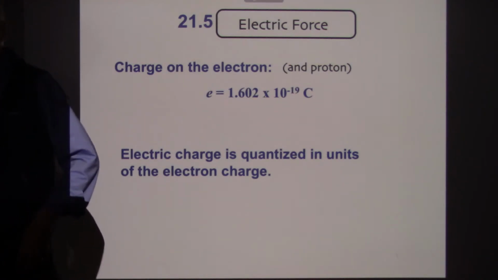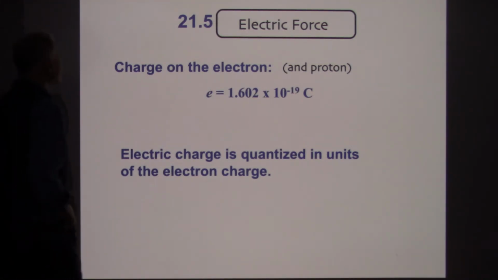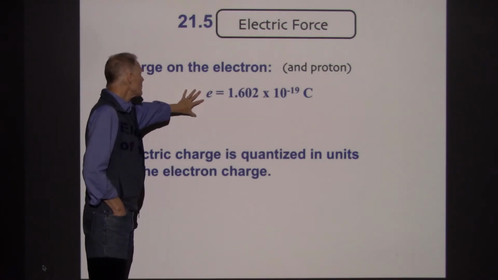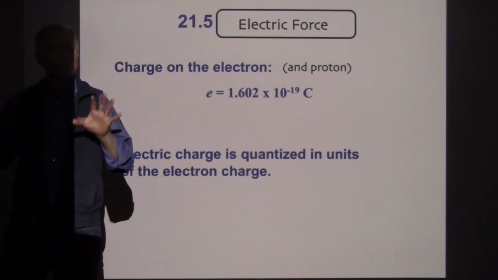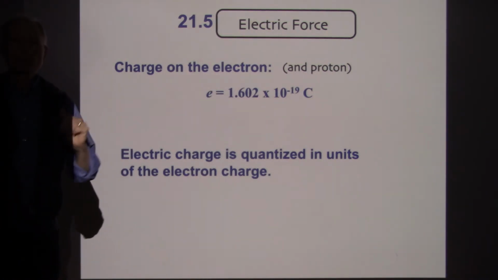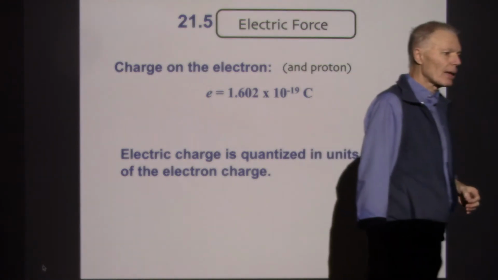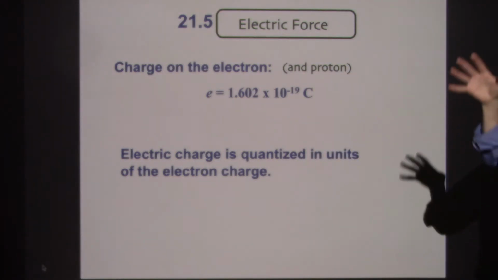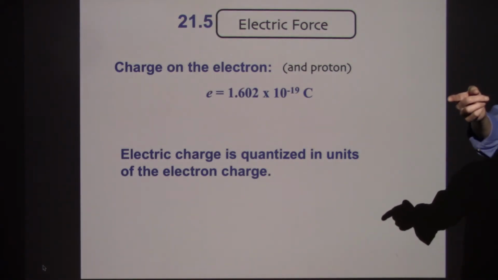All right. Let's look at some values for electric charge. The best place to start, I would suggest, is the electron and the proton. What is the charge on an electron or a proton? You're probably already familiar with the idea that the electron and proton have equal amounts of electric charge, but opposite sign.